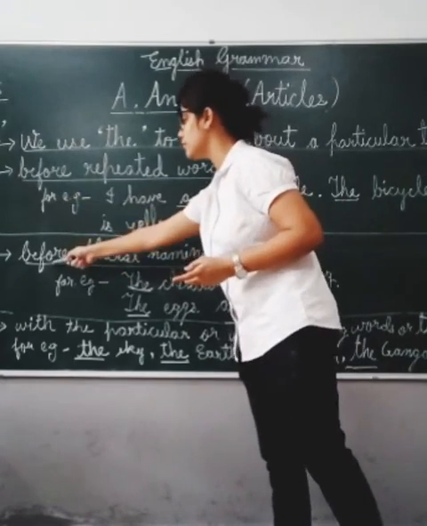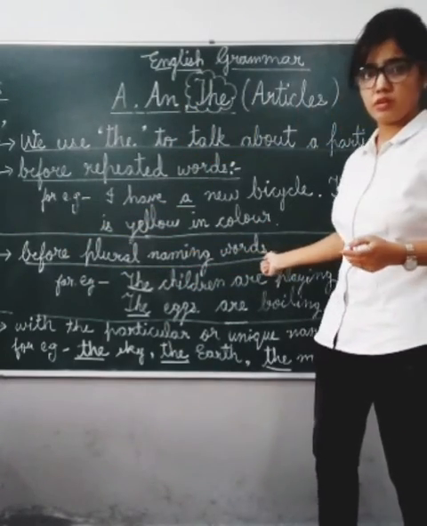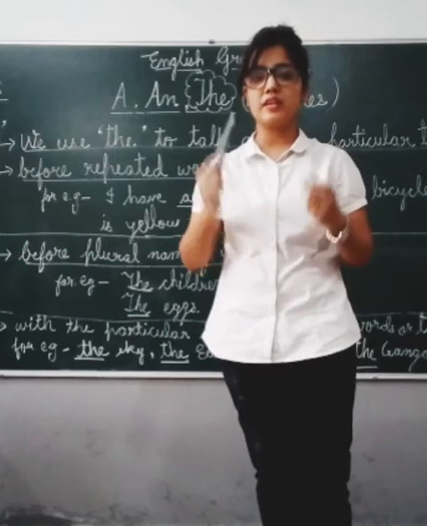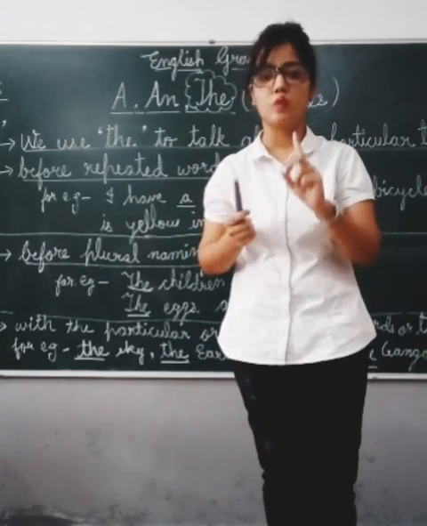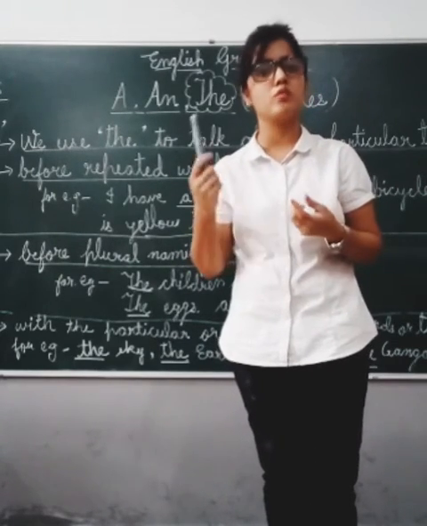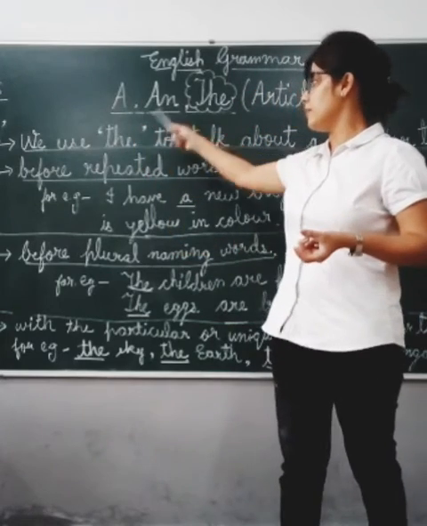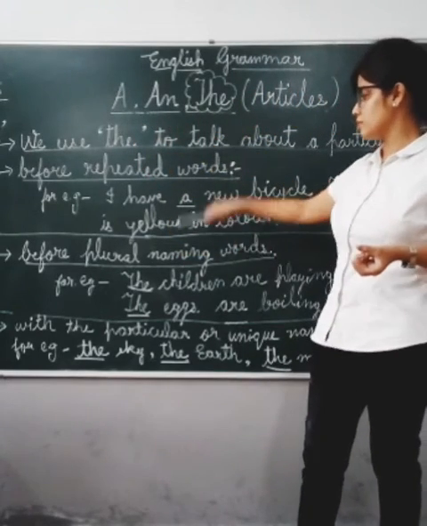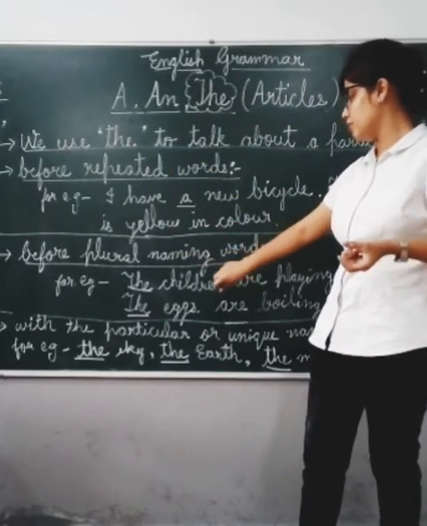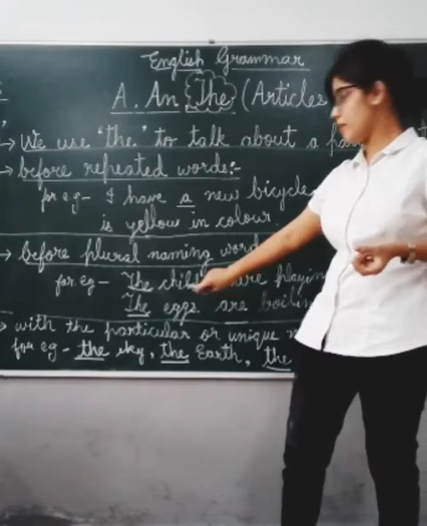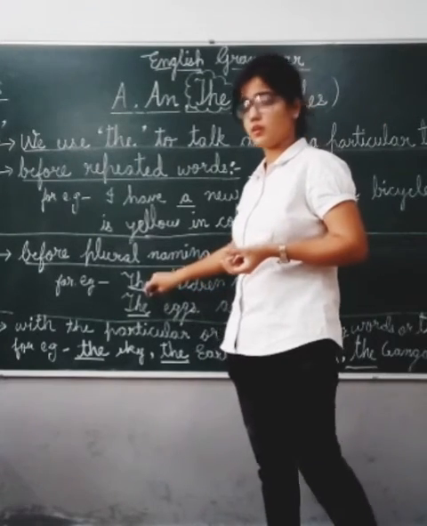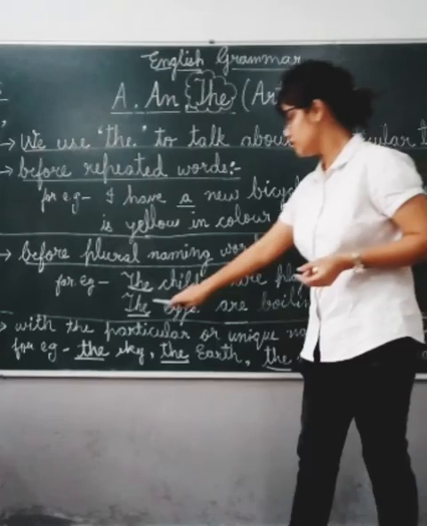Also we use the before plural naming words. As I told you, a or an means one. When we talk about one object, then we use a and an. But when the word is plural, then before it we will use the. Like the children, the eggs.